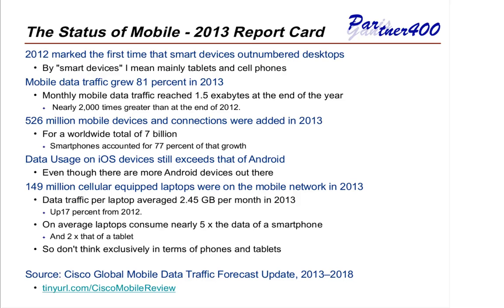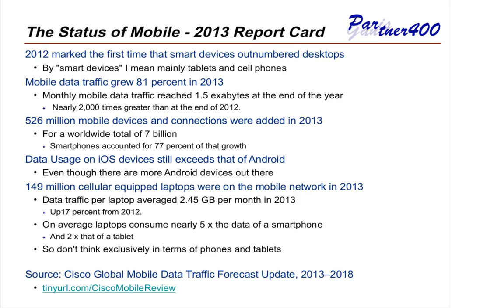Over 500 million new mobile devices were added in 2013. There are now more than 7 billion. That's billion with a B. And smartphones basically account for about 7% of that growth. So, you know, that's a lot.